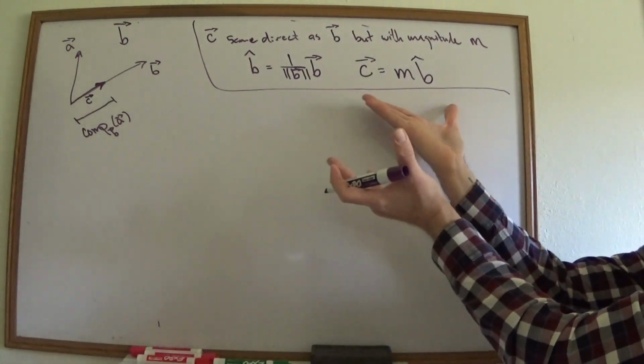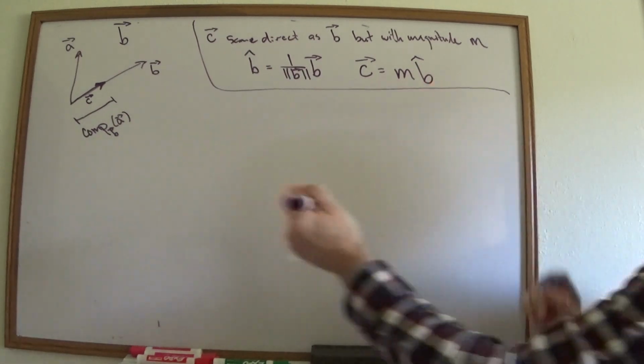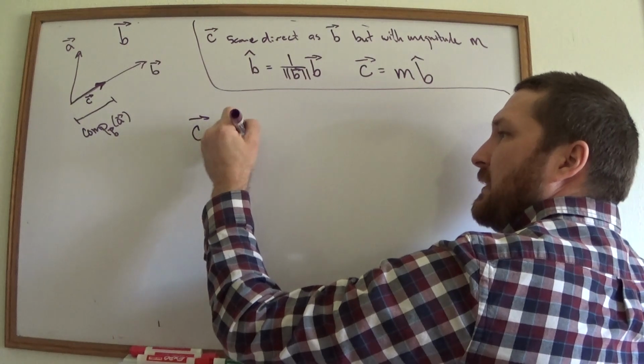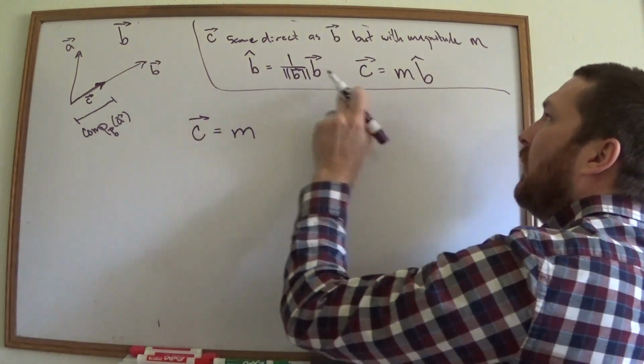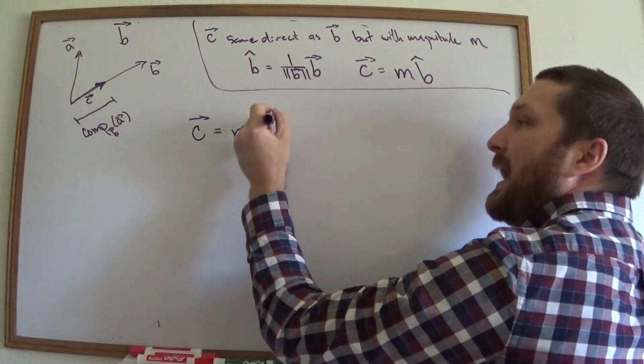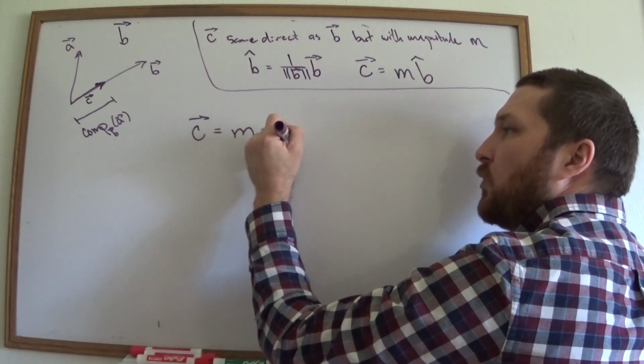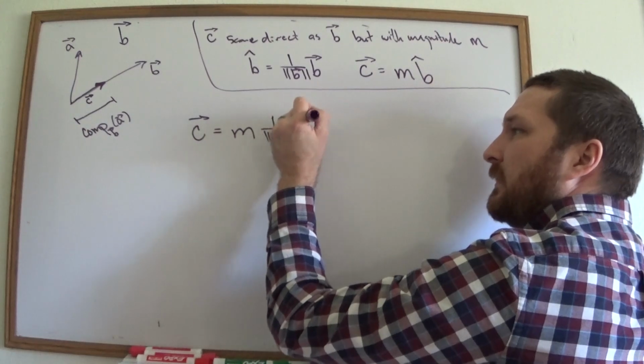So let's see what we have to do. The vector I'm looking for, C, has the magnitude that you want, and then we multiply by B hat, which is 1 over the magnitude of B. We normalize this vector.